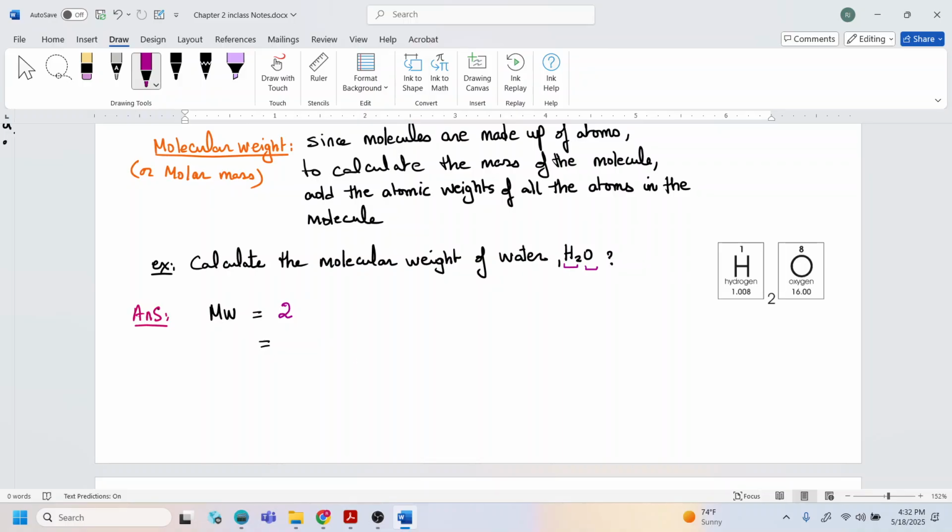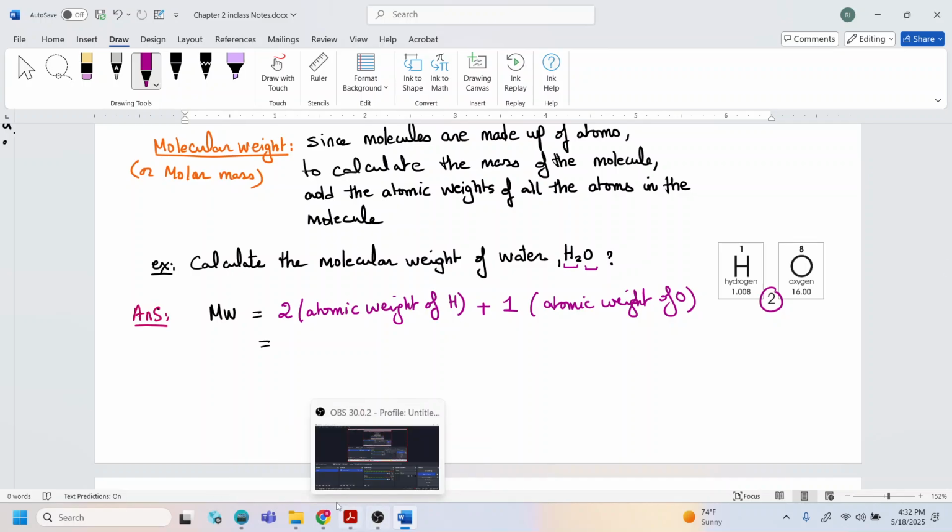So the molecular weight here is 2 times the atomic weight of hydrogen, because you do have two hydrogens in there, plus we have one oxygen, so plus 1 times the atomic weight of oxygen.